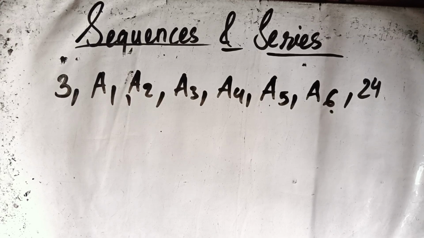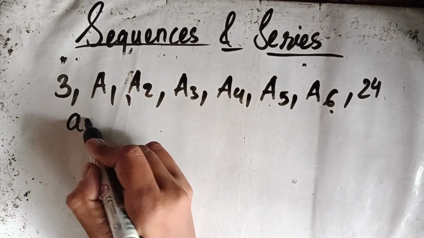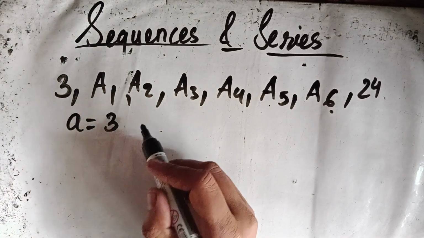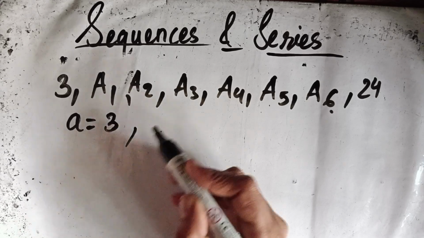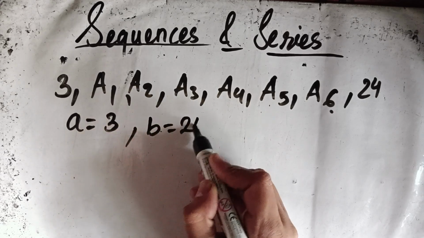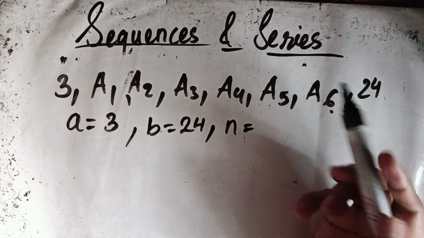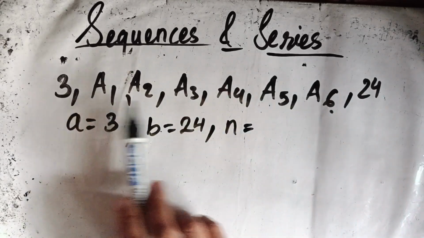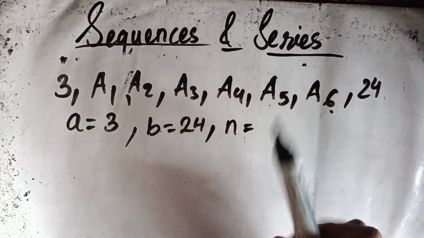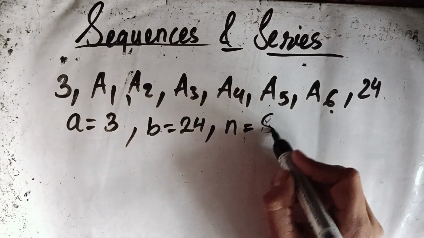Okay. So we have A, which is 3. Then B is 24 and N, that is you have to count the numbers. These are 6 terms, 7 and 8. Total number is 8. Okay, N is 8.